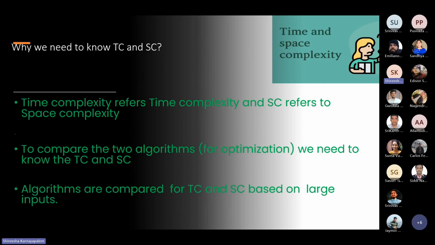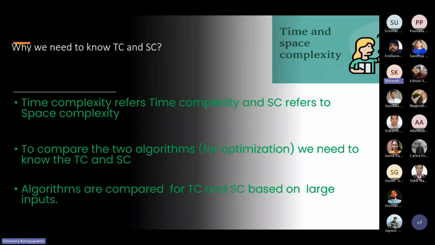For small inputs, the optimization will not be much visible. Time complexity and space complexity are related to optimization techniques. To compare two algorithms for optimization, we have to know the time and space complexity. Only large inputs we have to compare.